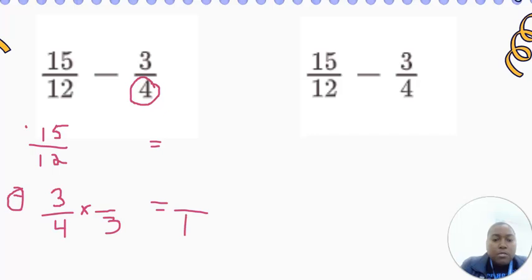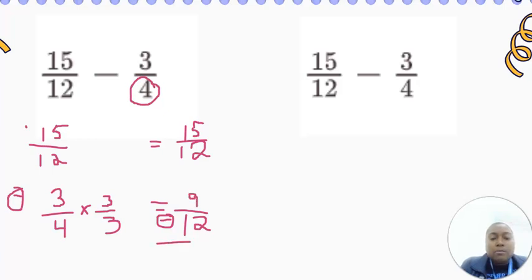So that will be our new denominator. And now we start from scratch. We'll keep our first fraction because, again, it already has 12 as a denominator. We are going to put our subtraction sign. Okay. I know that 4 times 3 equals 12. Whatever I do at the bottom, I'm also going to do at the top. And that would be 9.